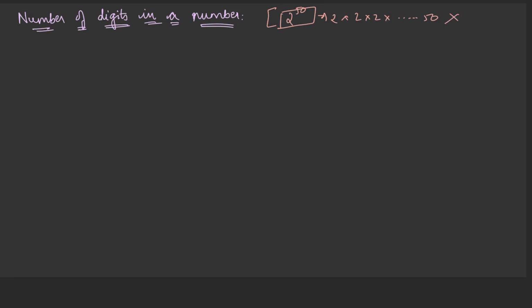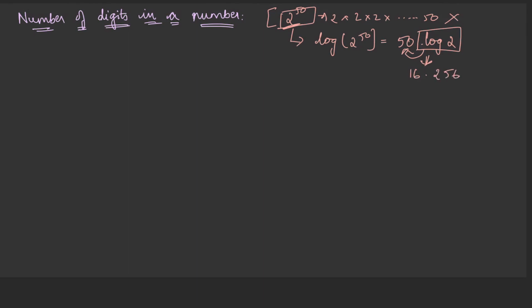So the easy way for lazy people is to apply logarithm to this number, that is log of 2 power 50, which equals 50 into log 2. Then we find the log 2 value and multiply it with 50. Let's suppose the result is 16.256.